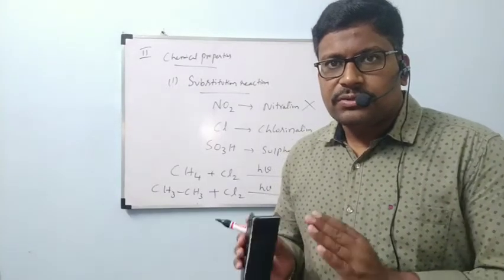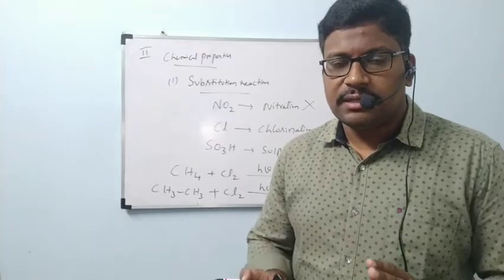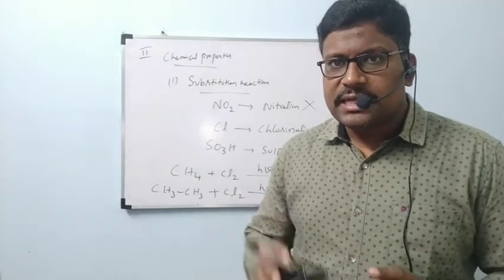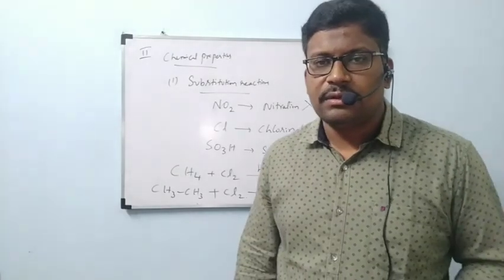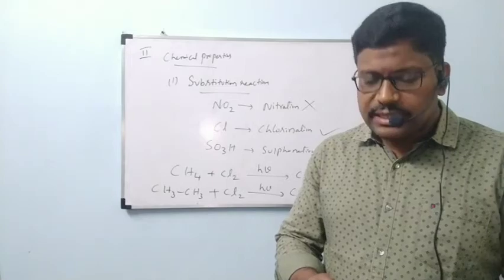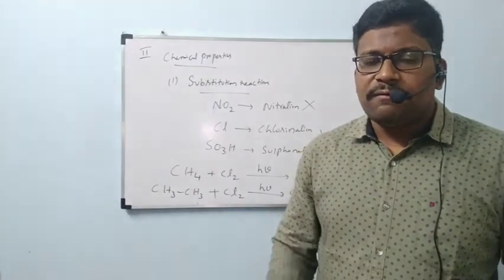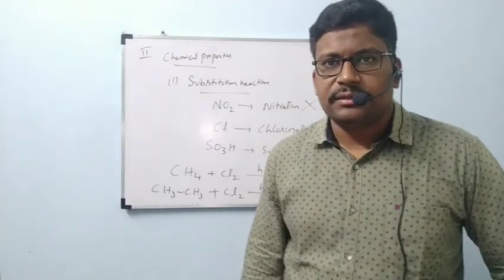I hope you understood what we have explained today, that is Kolbe's electrolytic method, and I also revised decarboxylation. In decarboxylation we remove carbon dioxide, that's why it is called decarboxylation, with the help of NaOH plus CaO, which is called the decarboxylating agent.